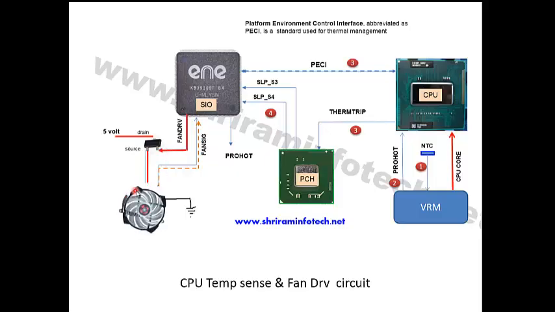You can also directly give the 5 volt. You can short this MOSFET by drain and source, or you can connect this red wire to the USB 5 volt, and then the fan also works directly. So in this way you can solve the fan problem.